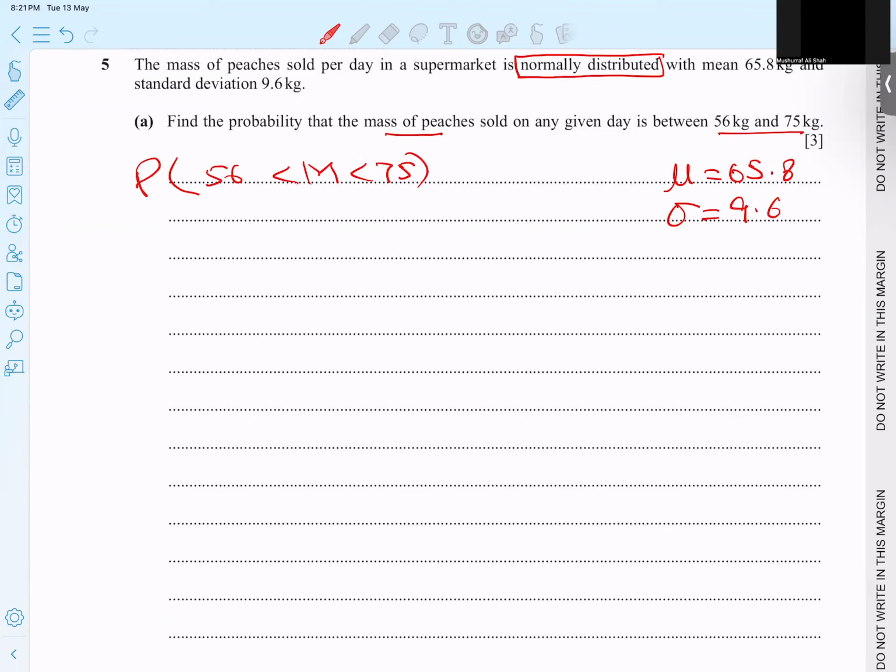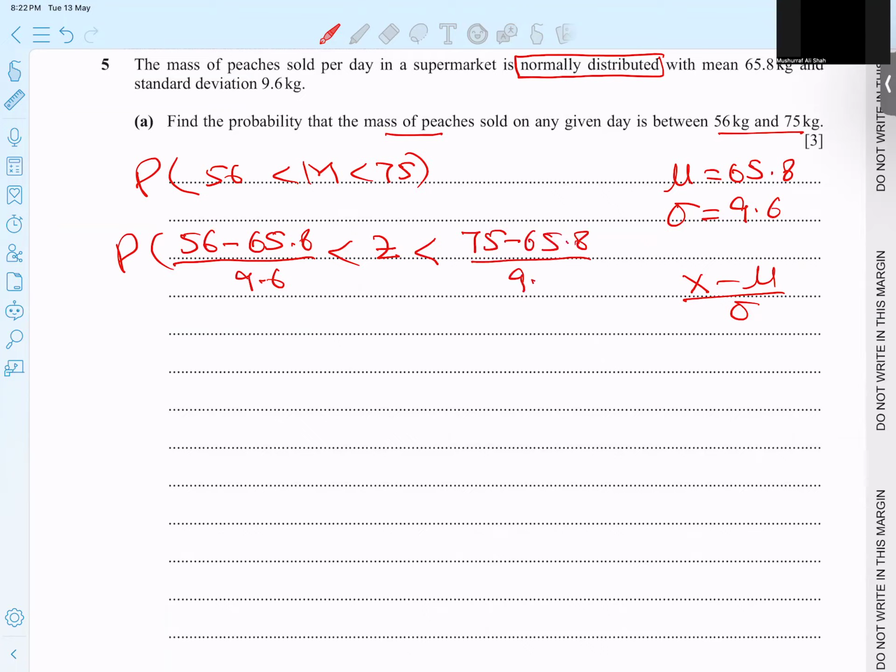So we have a special formula, x minus mean by deviation. This value will come here and the mean and deviation will go here, and we can convert to this format: 56 minus 65.8 by deviation, which is 9.6. And here I'm immediately writing Z, because I have converted the data into normal format.